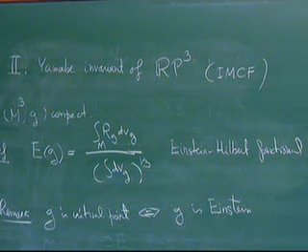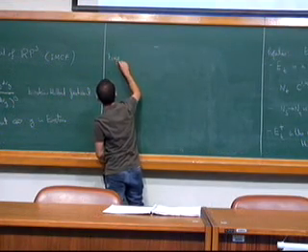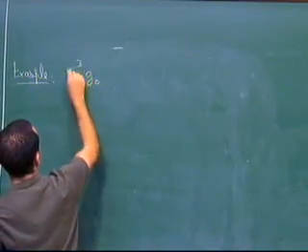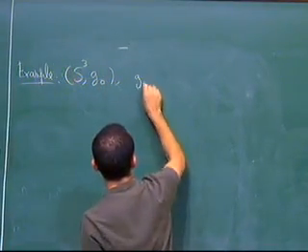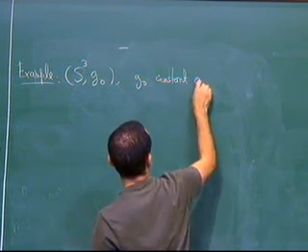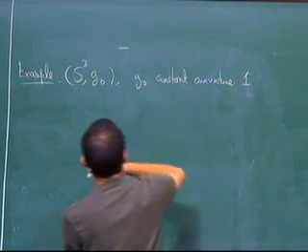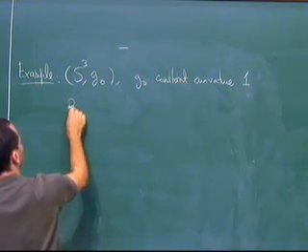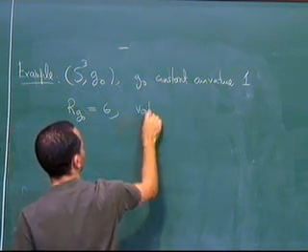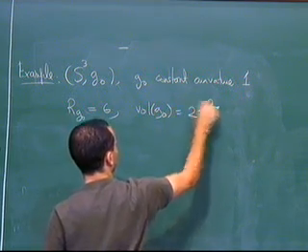So the basic example is given by the round sphere, S3 with G naught. Let's say G naught has constant curvature 1, for example. Then one can compute that the scalar curvature will be 6 and that the volume, if I remember correctly, is 2 pi square.